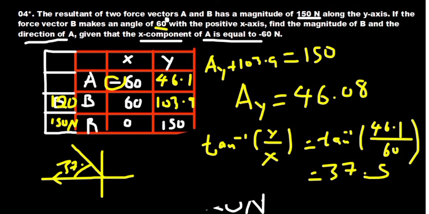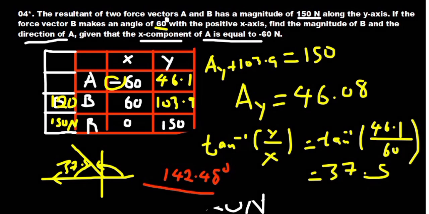So for you to find the angle with respect to the positive x-axis, you subtract from 180. Our direction becomes 142.48 degrees.